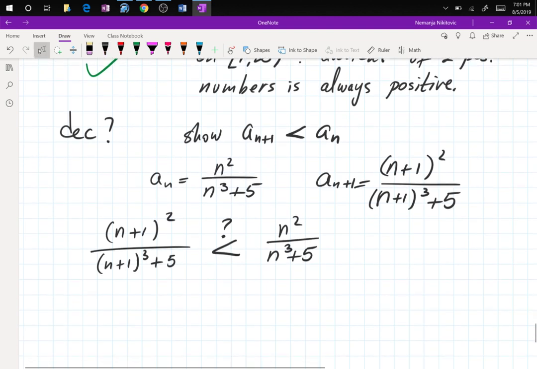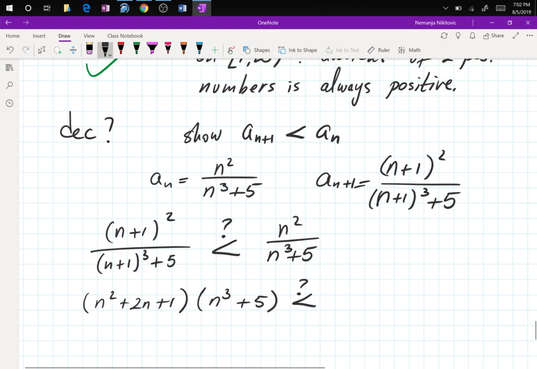Okay, so what can I do here? Well, we can FOIL these first and then cross multiply, and we can compare them term by term, right? So if I cross multiply, first I have my n squared plus 2n plus 1 times n cubed plus 5.